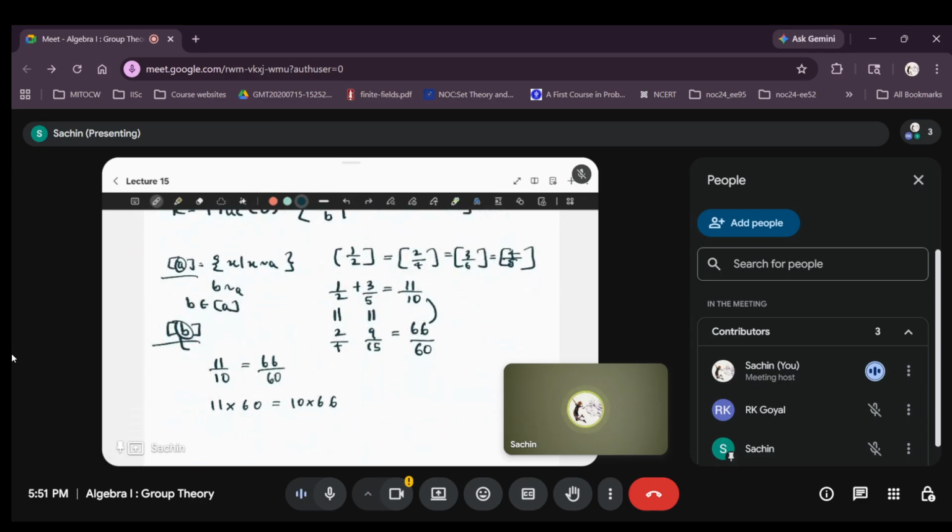So the equivalence class containing 66 by 60 is the same as the equivalence class containing 11 by 10 if 11 by 10 and 66 by 60 are related. And that is true because 11 into 60 is equal to 66 into 10. This gives you a way of telling when two equivalence classes are the same.